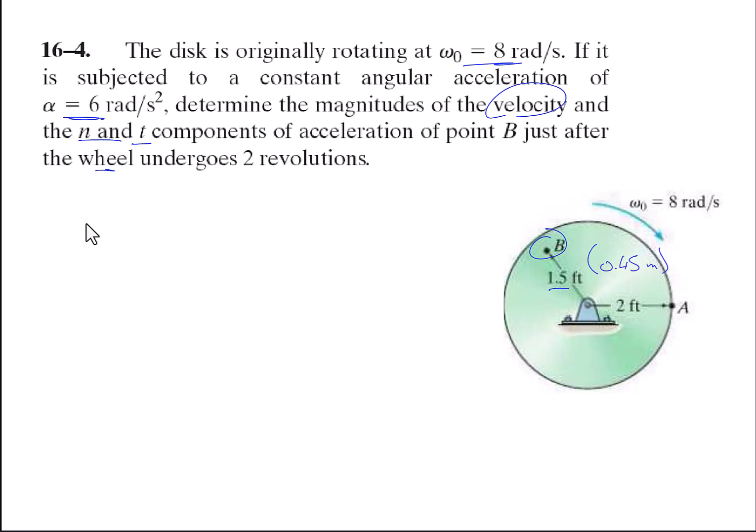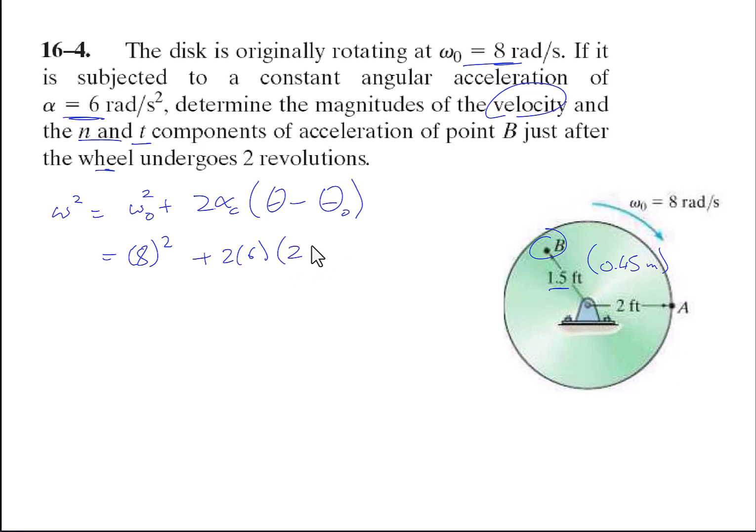So from the kinematics point of view, we have to use a different equation. This is omega squared equals omega naught squared plus 2 alpha times theta minus theta initial. So this would be just 8 squared plus 2 times 6 times 2 pi minus 0.